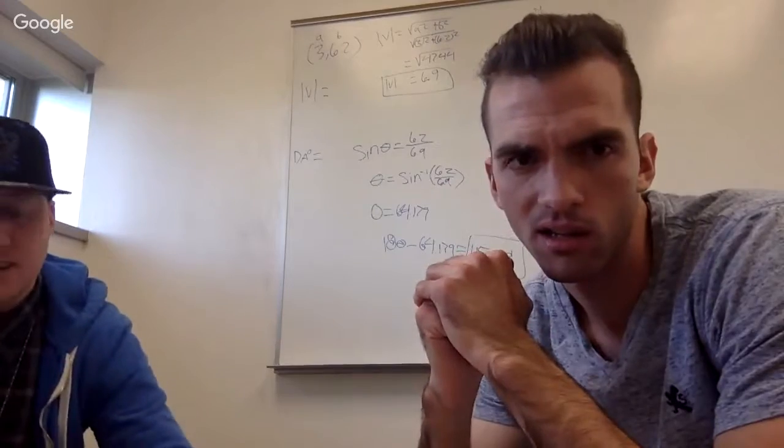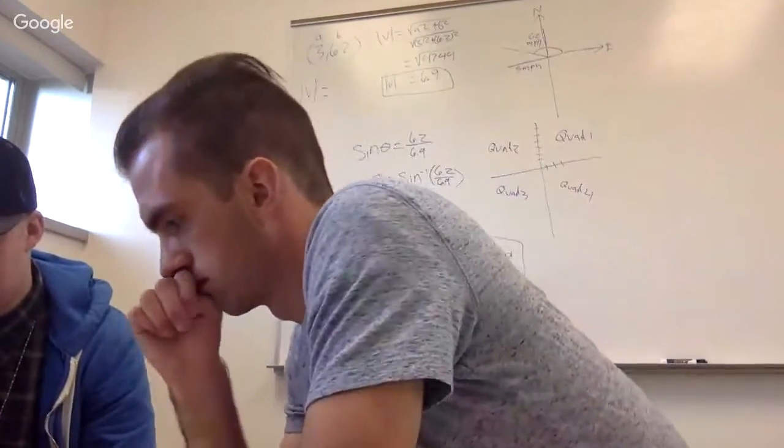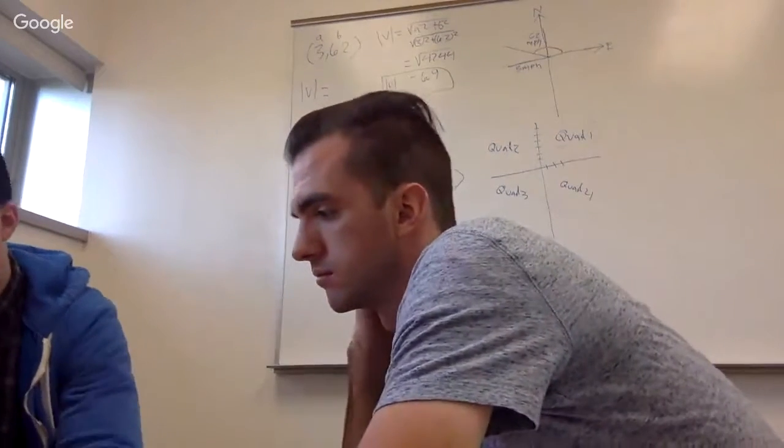So it was like this one. I remember that problem. But see, this one gives us the degrees and everything, so we can make a triangle and do it, where this one doesn't.